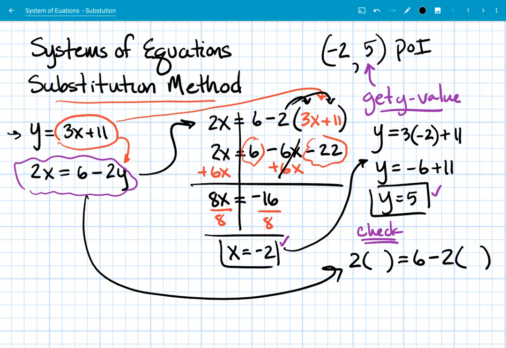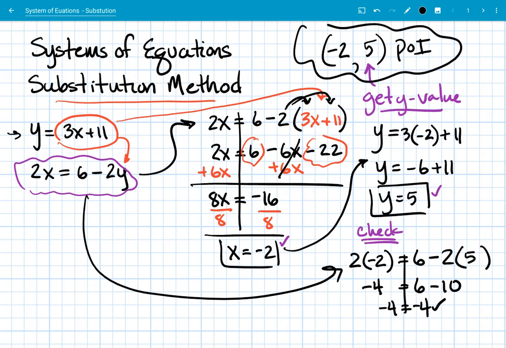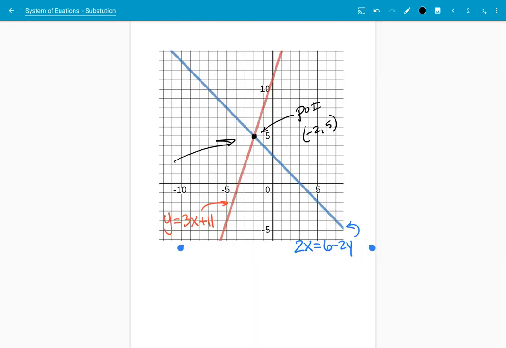So now we can substitute those values in. The x is -2 and the y is 5. And we'll see if this works. -4. 6 minus 10. Yep, I think I believe that. So now that checks. So that means that this is our correct point of intersection. And if we look at our graph, that's actually what it predicted. Or if we'd solved it with a graph, that's the solution we would have gotten.